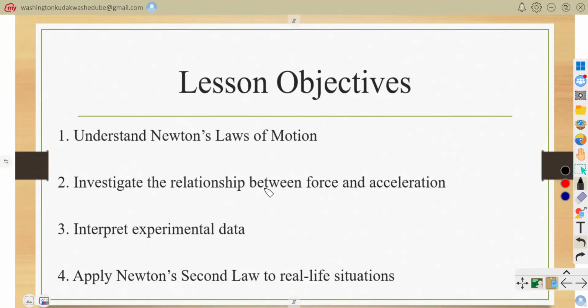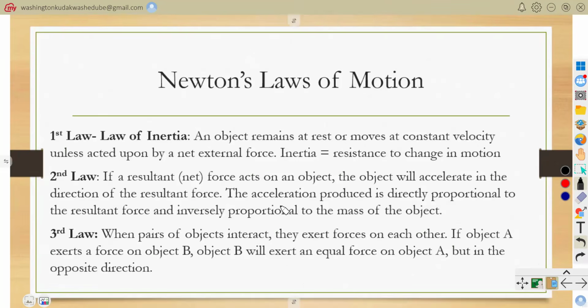Thereafter, we are going to apply Newton's second law to real life situations. And then we are going to dive deep into practice questions, applying Newton's laws in terms of determining different types of forces as well as working out problems. So without wasting time, I would want us to start by going through Newton's laws of motion.